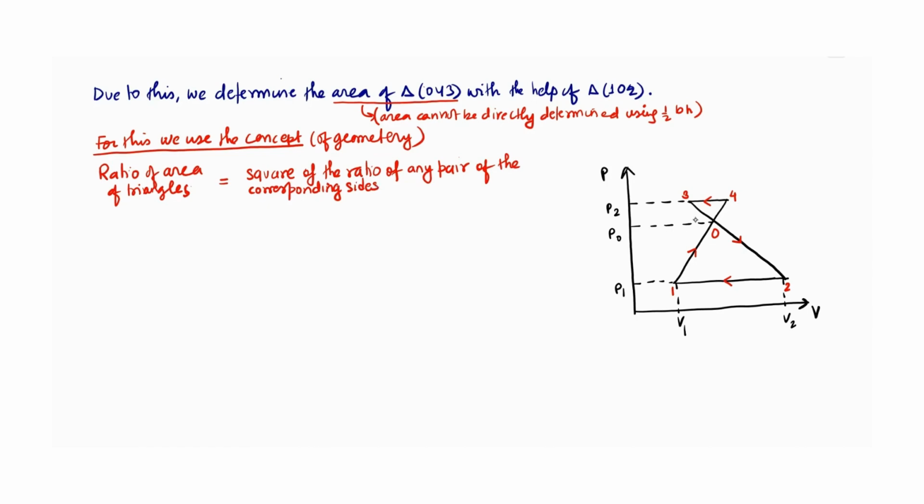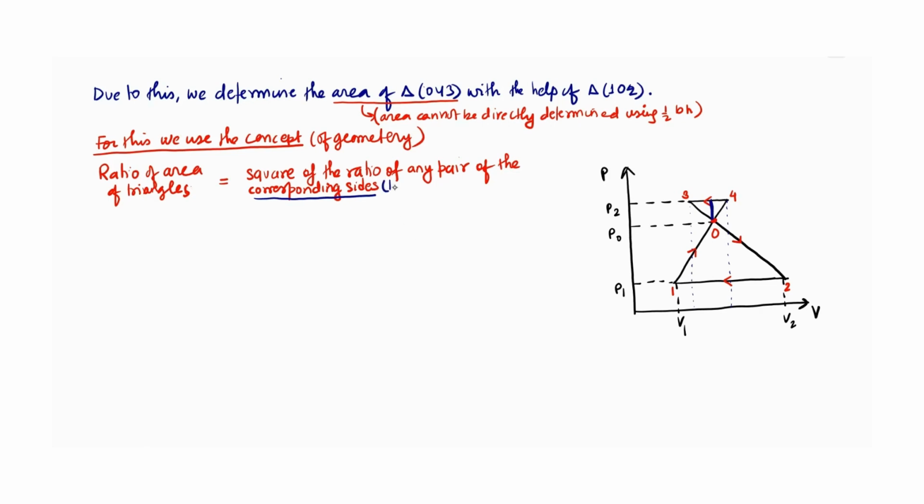Clear? Now, since we know the pressure corresponding to 0 and the pressure corresponding to 3 and 4, we know the vertical height. We don't know the exact marking of volume corresponding to 3 and 4. So we are taking any pair of corresponding sides, and for this we are taking the vertical height.